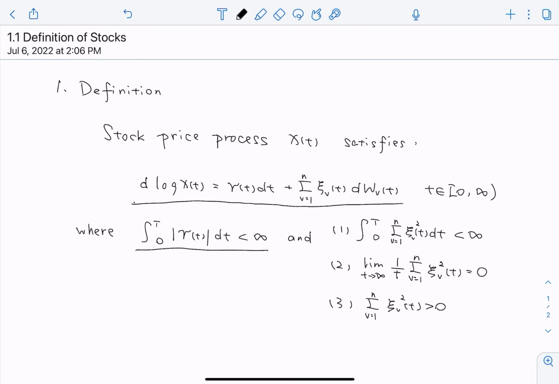That is because when we try to integrate it, we need this condition to hold so that our integral will be meaningful, otherwise it's actually meaningless. And the K_c needs to satisfy these three conditions. Let's see why later.